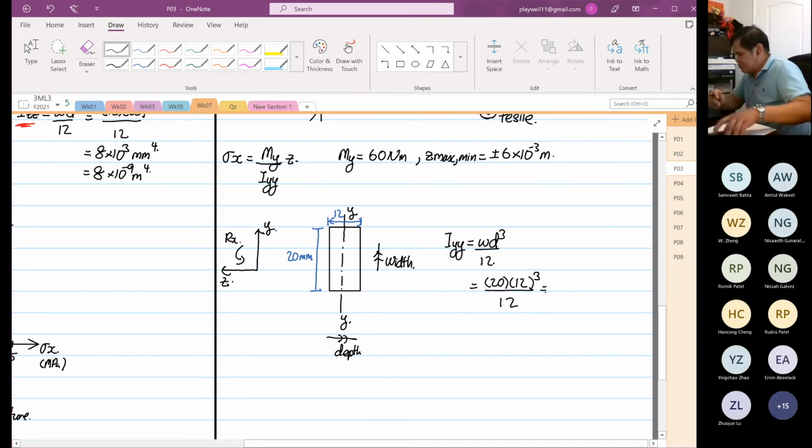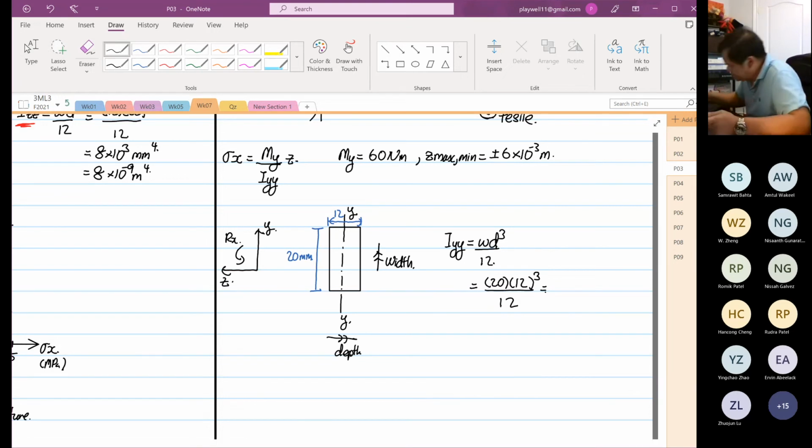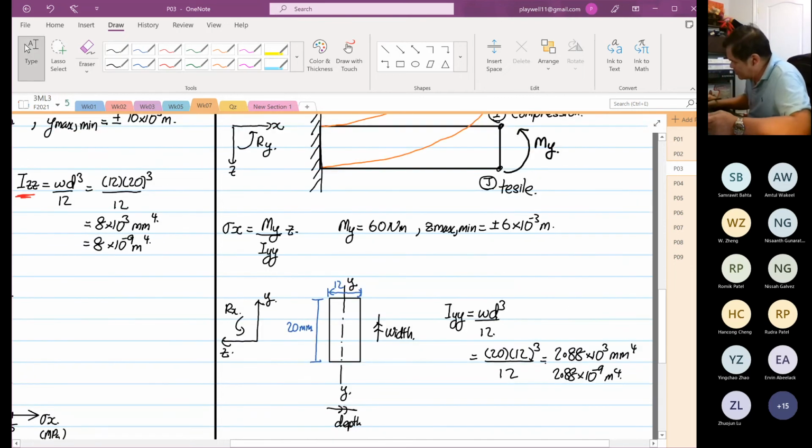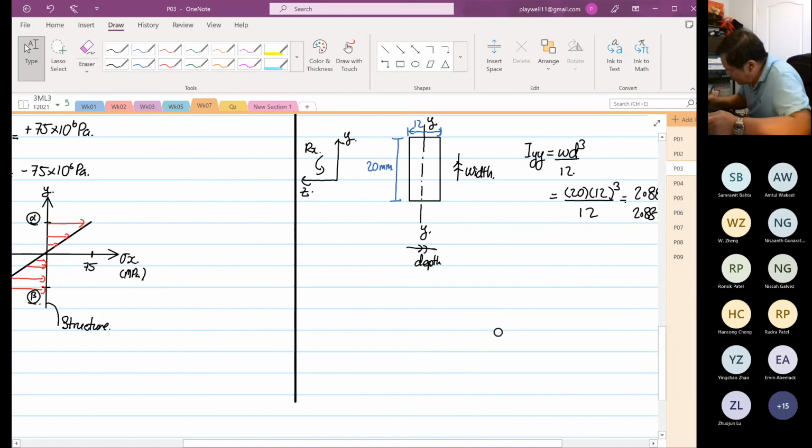So 20 times 12 to the power 3 divided by 12 is equal to 2.88 times 10 to the power 3 millimeter 4, or 2.88 times 10 to the power minus 9 meter 4. Now we can calculate our stress.